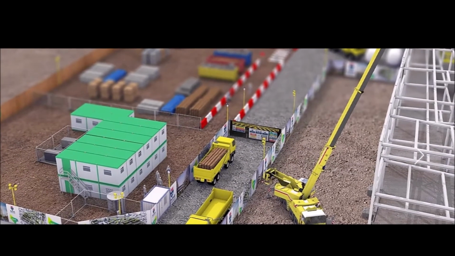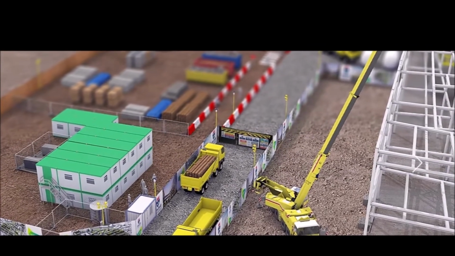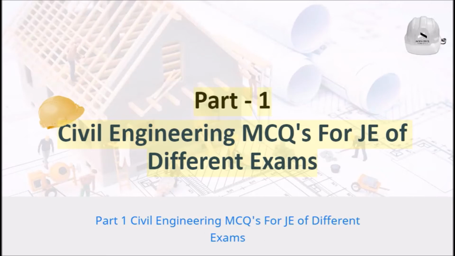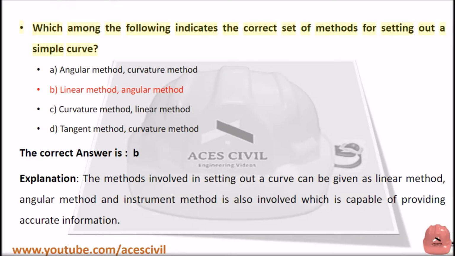In today's video we are going to discuss Part 1 Civil Engineering MCQs for JE of different exams. Which among the following indicates the correct set of methods for setting out a simple curve? A. Angular method, curvature method.